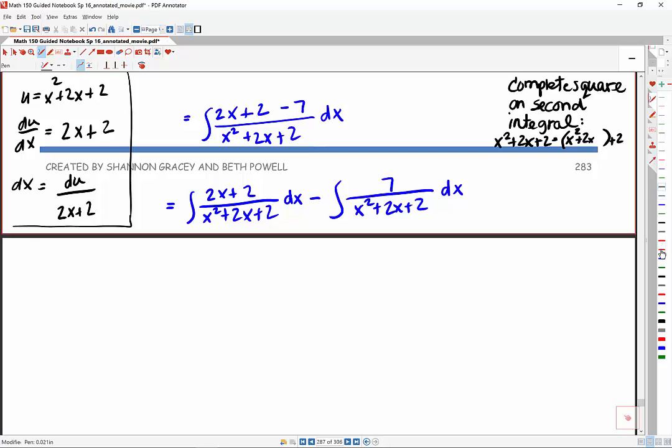We're going to be adding 1 squared, so we'll have to subtract 1. And that's going to give us x plus 1, the quantity squared, plus 1. And 1 is the same as 1 squared, right? Okay, so we've got that going on for the second one. And this stuff here is going to be for this integral. So a u sub on the first one.